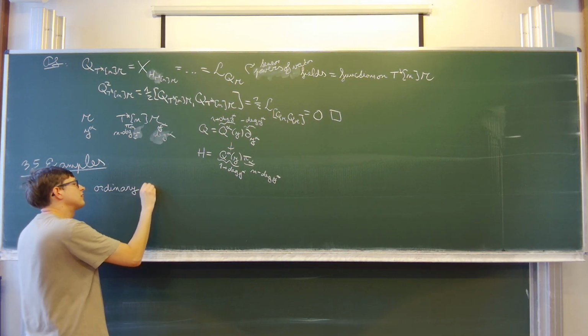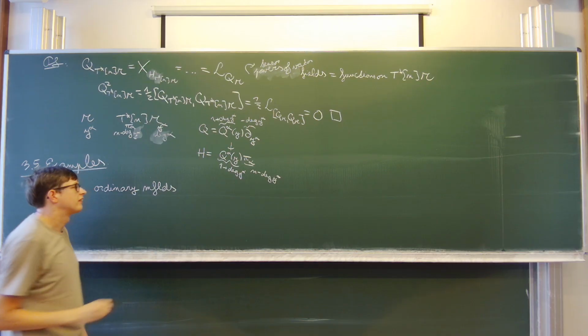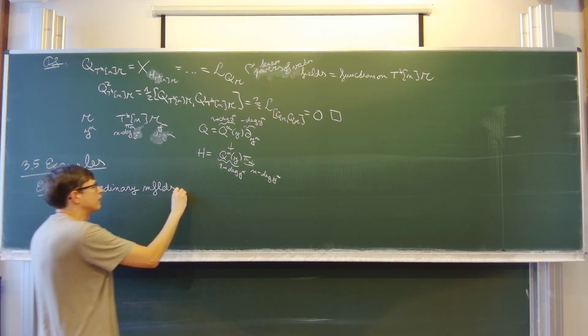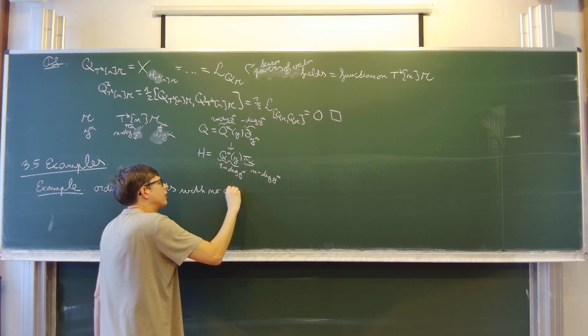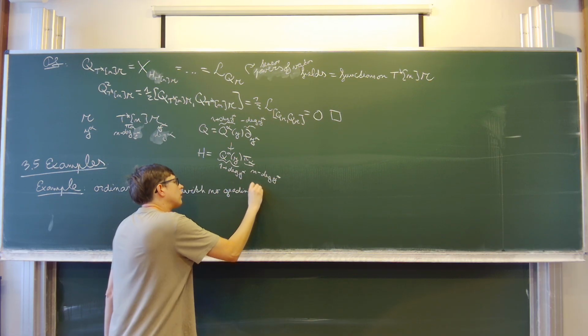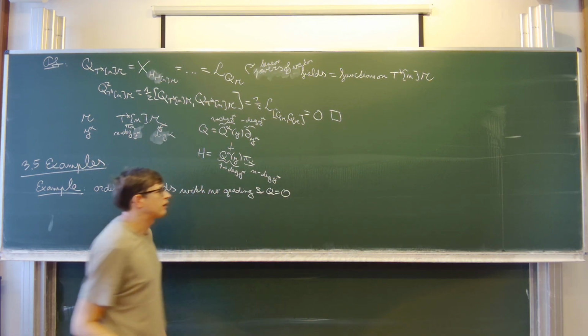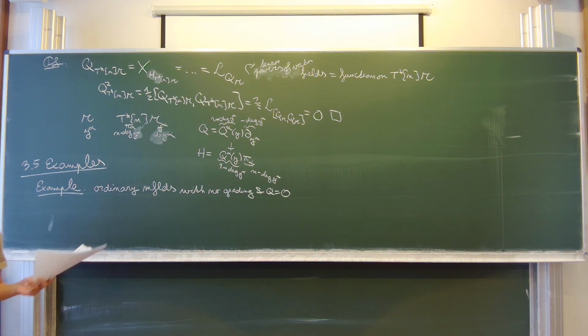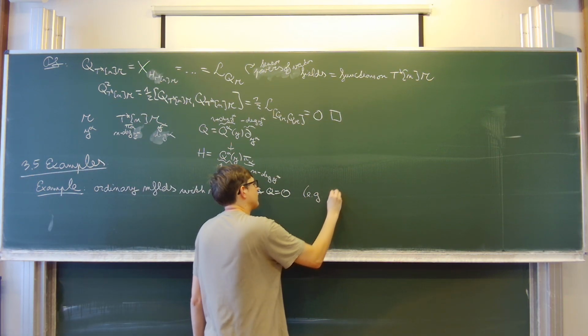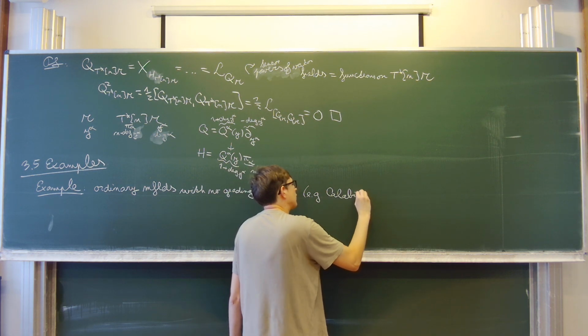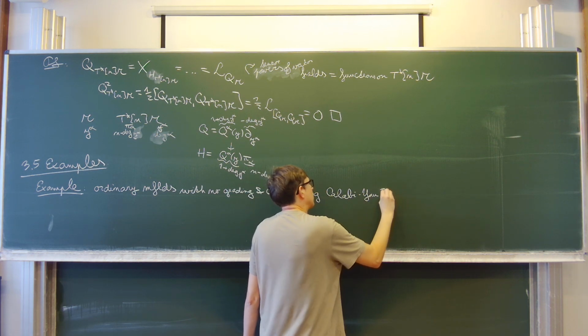Ordinary manifold, with trivial grading, and Q equals 0. So you can take your favorite manifold, like a G2 sevenfold or something.